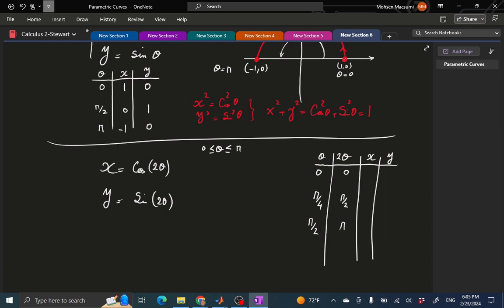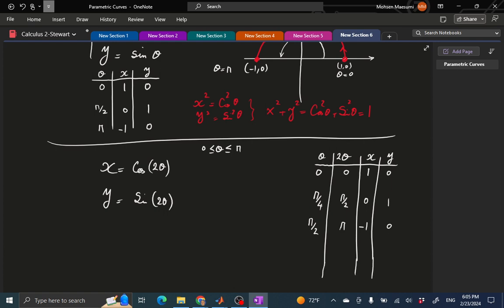Now we are feeding them to cosine and sine to figure out the x and y. So x is cosine of that, so that's 1 and this is 0. X is cosine of this, so that's going to be 0 and this is going to be 1. And here x is cosine of pi, so that's minus 1 and this is 0.